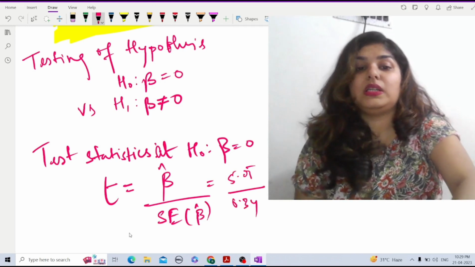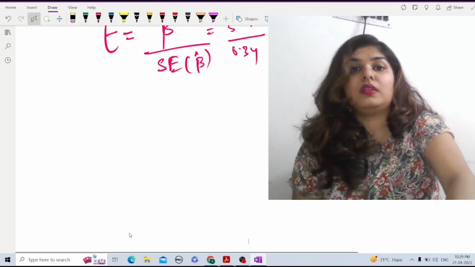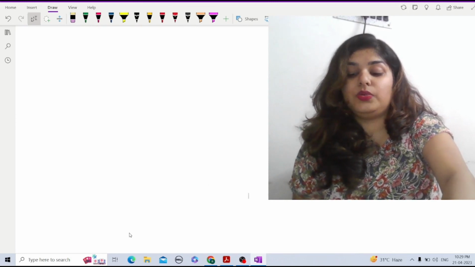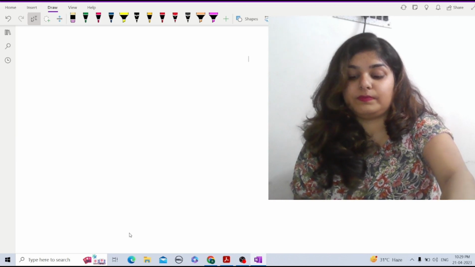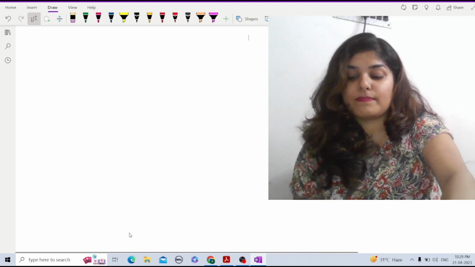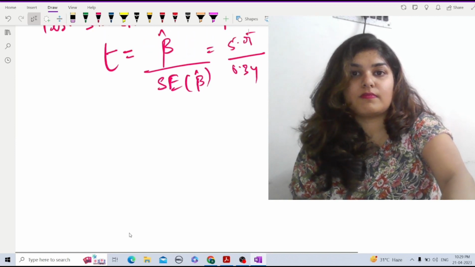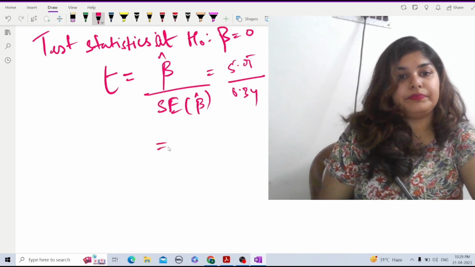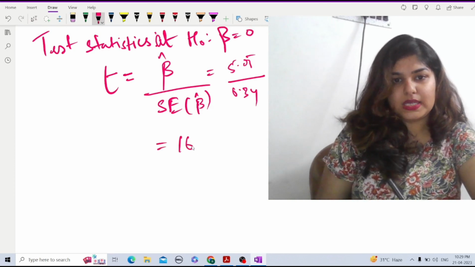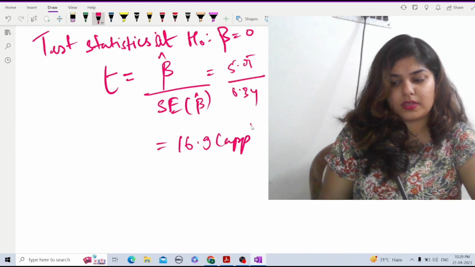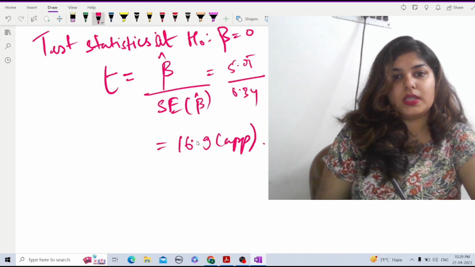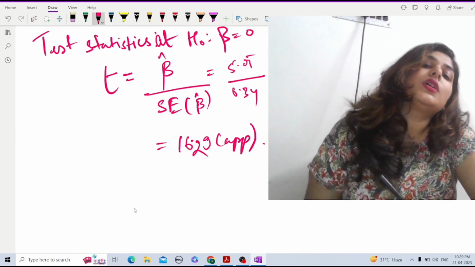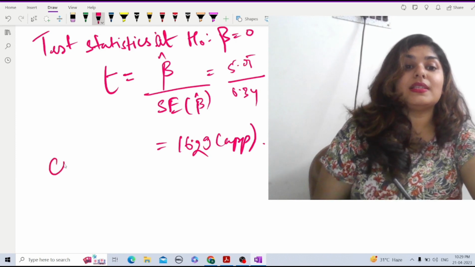So approximately the test statistic value is 16.29. Now this is the calculated t.